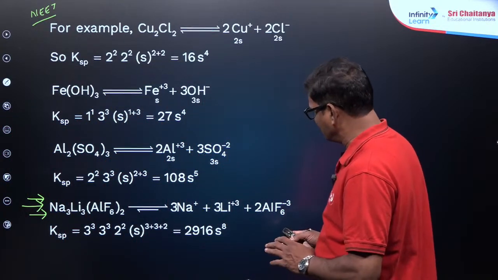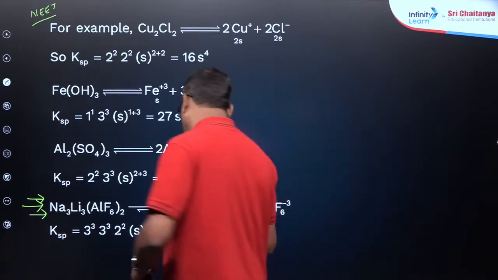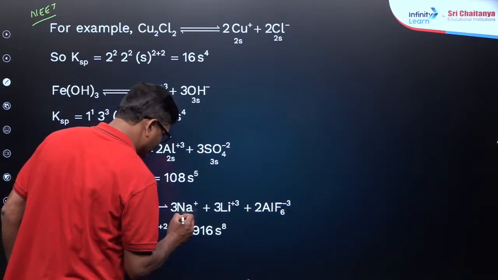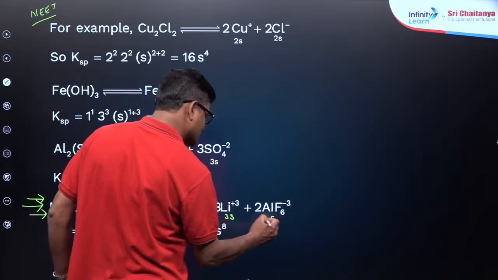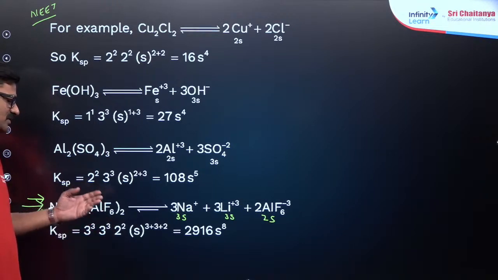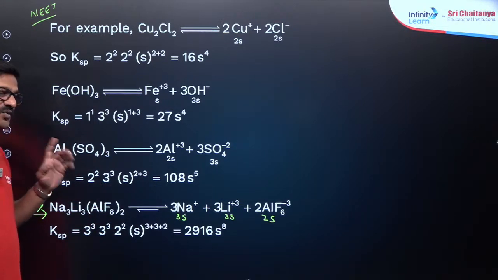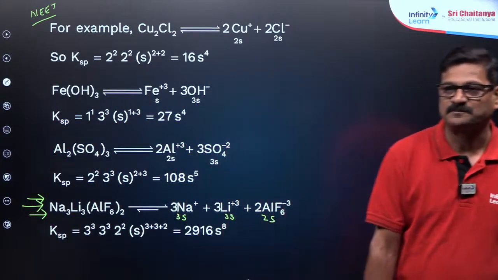It itself is a complex, so it is going to be 3S and S. So 3 to the power 3, S to the power 3 plus 1, which is 27 S to the power 4. Understand? Clear?